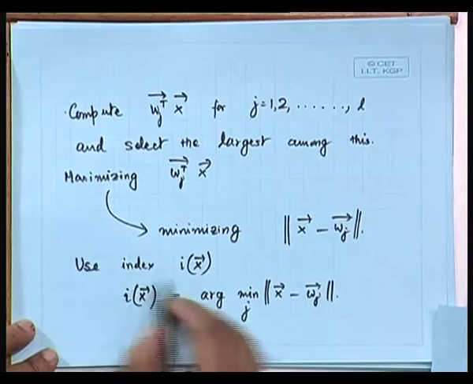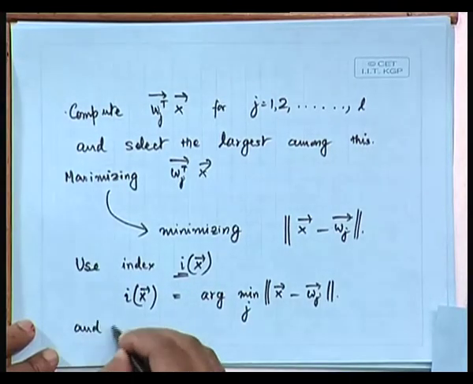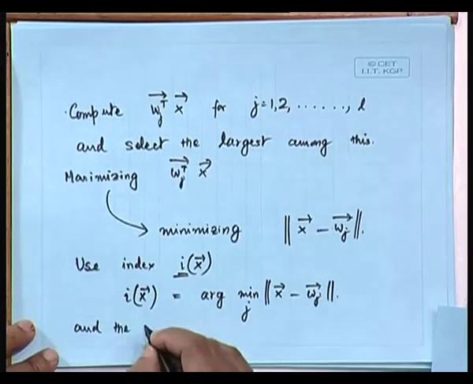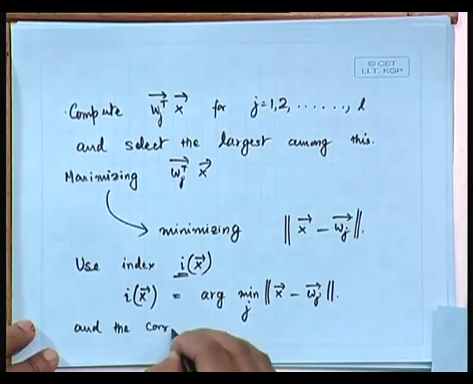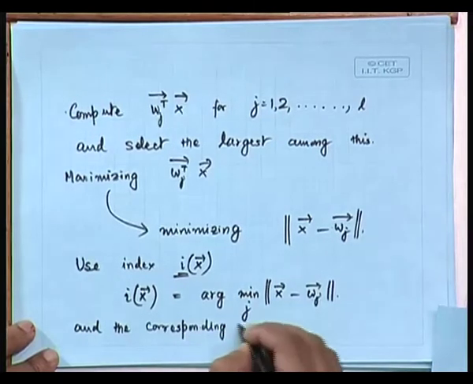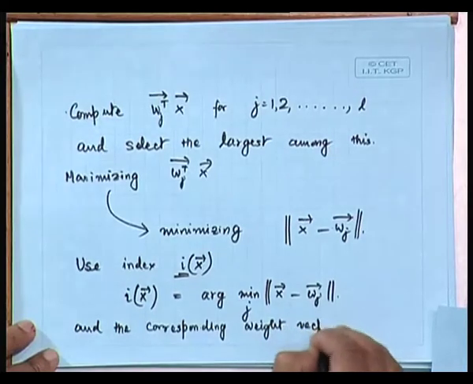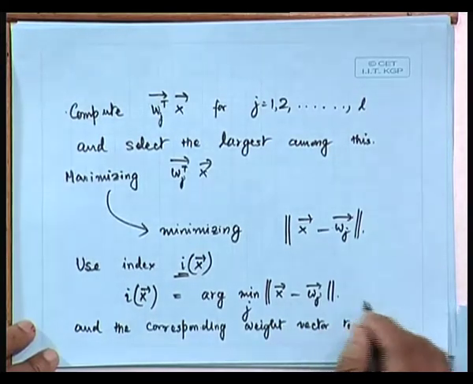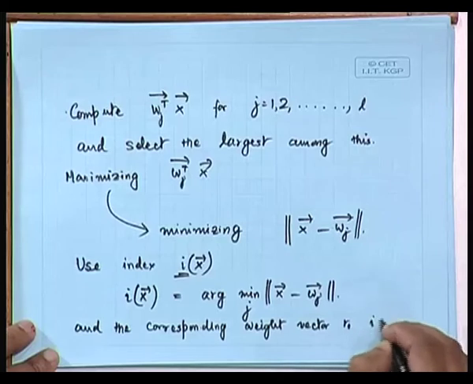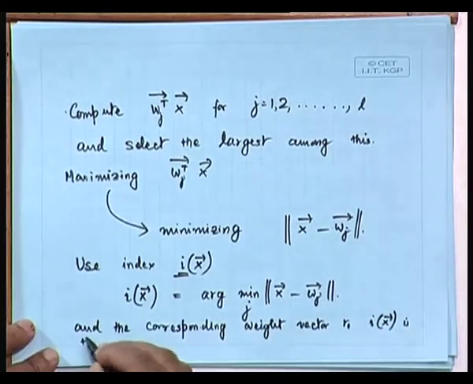This is how we find the index, and the corresponding weight vector is the closest weight vector.